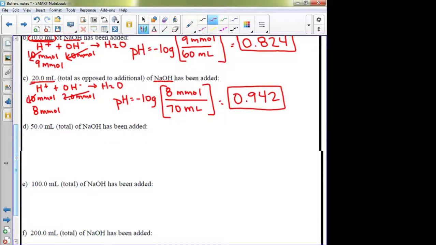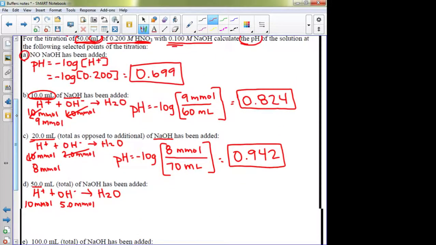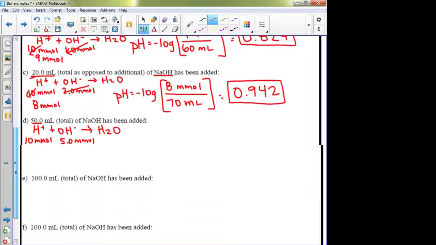So now I've added 50 milliliters total of NaOH. Same thing again. I started with 10 millimoles of my H positive. How much of my OH negative do I have now? 5, right? Got 5 millimoles because 50 times 0.1 will give me 5.